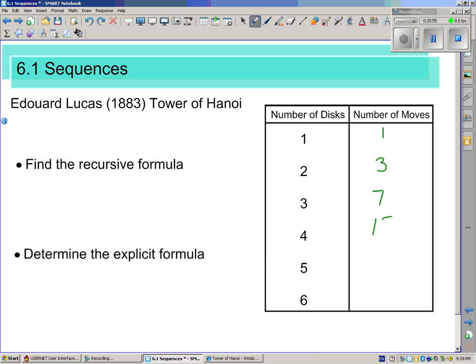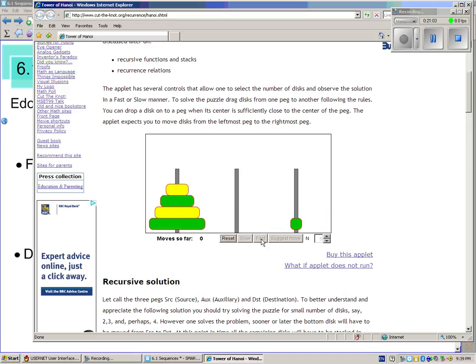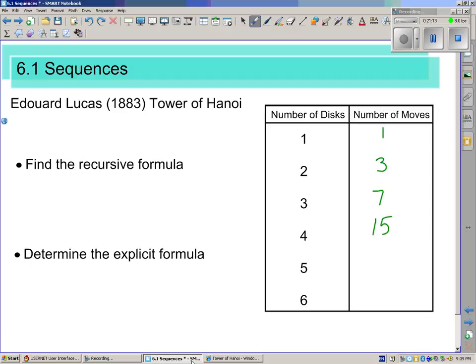Do you remember? It was 15 moves. All right, let's reset. We'll put in 5. There's some beauty to that, isn't there? 31 moves. So to move 5 discs, we've got 31 moves.